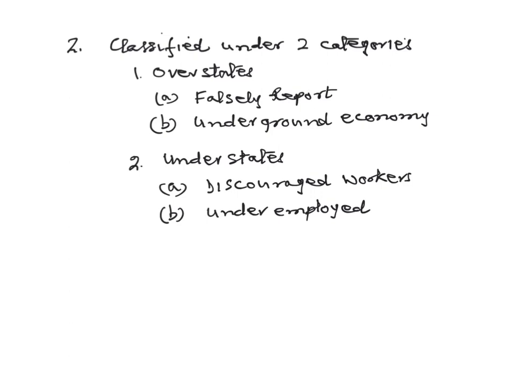Reason 1, it does not count discouraged workers as unemployed because they have stopped looking for a job. Second reason, it counts involuntary part-time workers as employed even though these workers would prefer to work more hours.